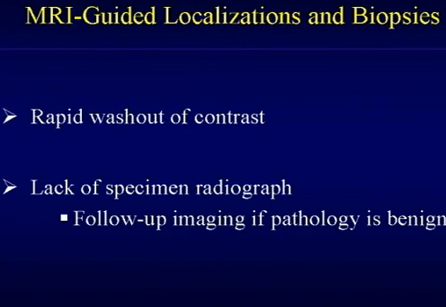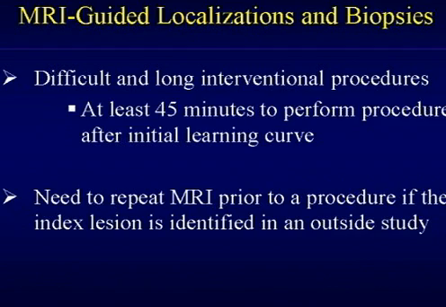So just a couple of words about MRI-guided procedures. They're hard to perform because you're relying on contrast enhancements, and there can be rapid washout. And as Dr. Frenda shows, there's no specimen radiograph. So if you get a benign pathology result and you're wondering if there is any discordance, the best thing to do is to bring the patient back for a follow-up MRI.